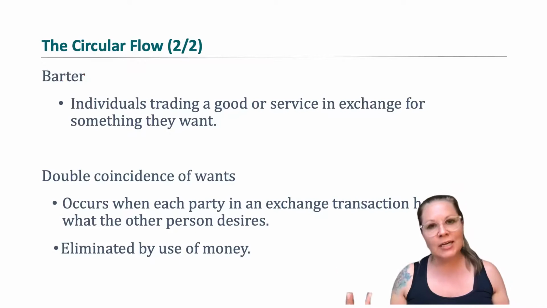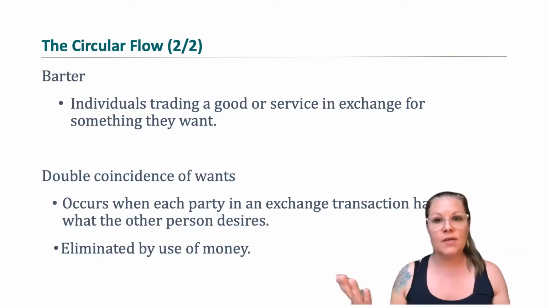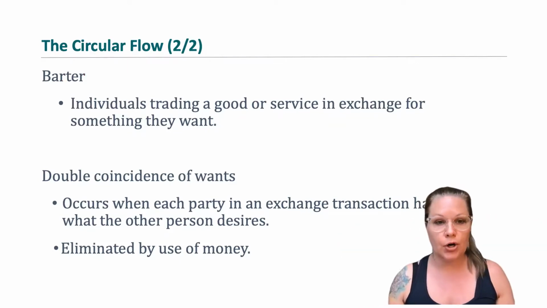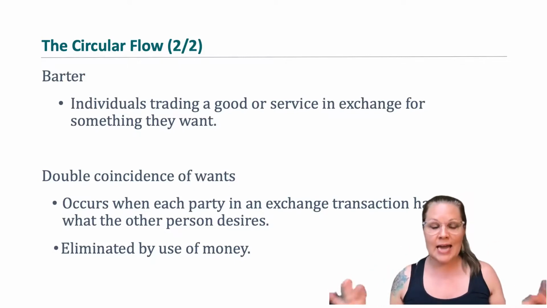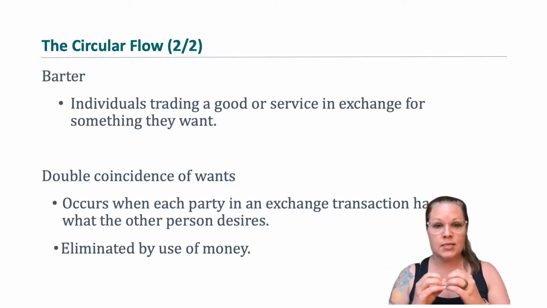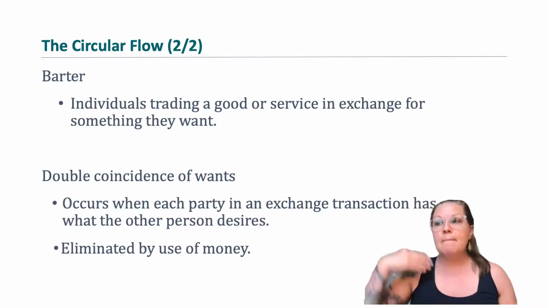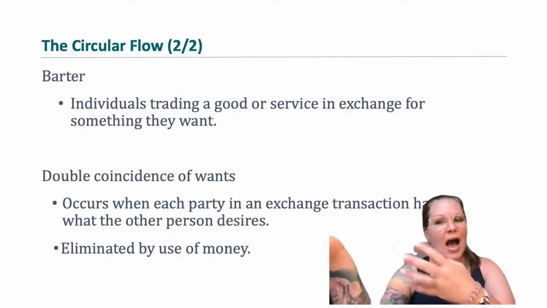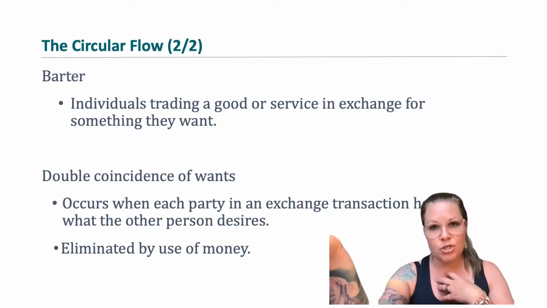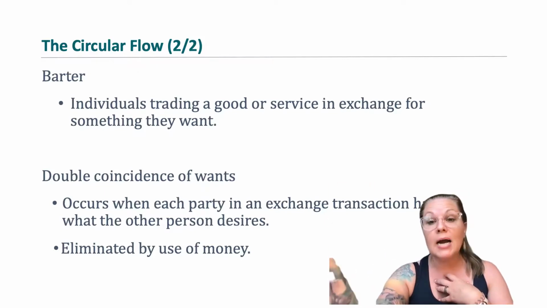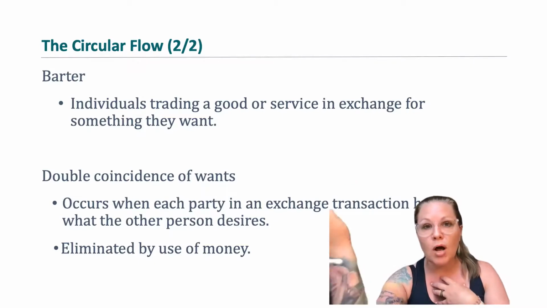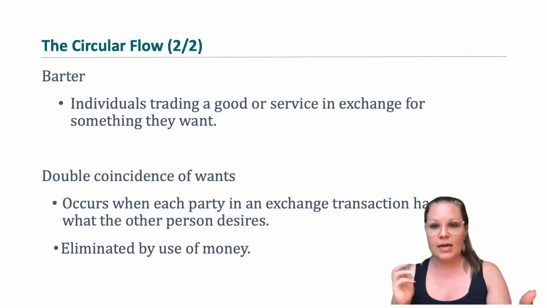And that's really inconvenient now, given the number of people living on this earth. And so we've eliminated that need for a double coincidence of wants by using money, because I can now go and pay someone for something, and I don't have to have something that they also need in return, right? I just have the money that is the value of the thing that they're providing me, and vice versa.